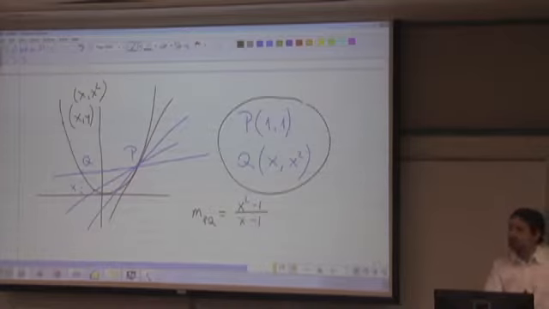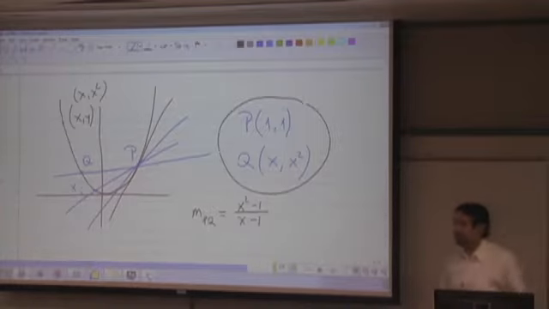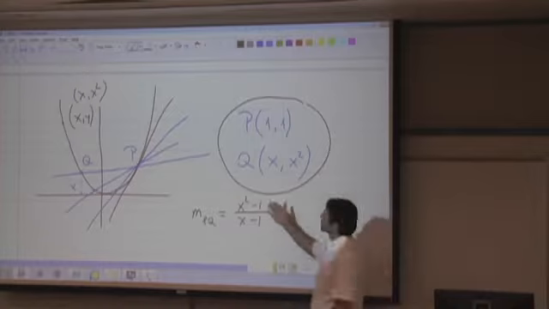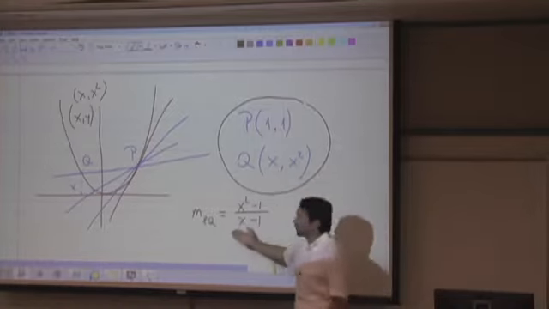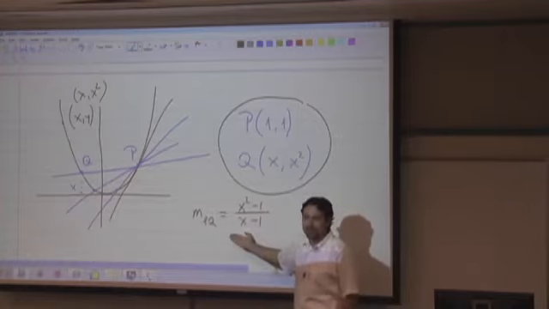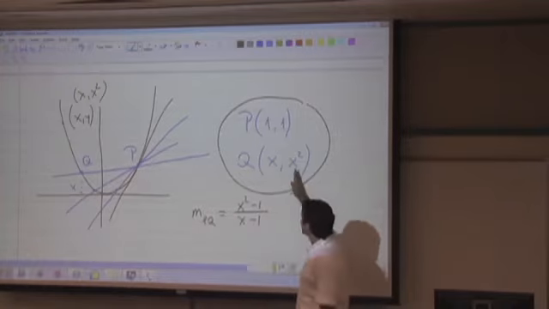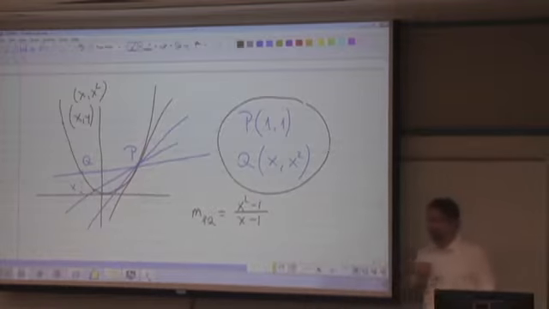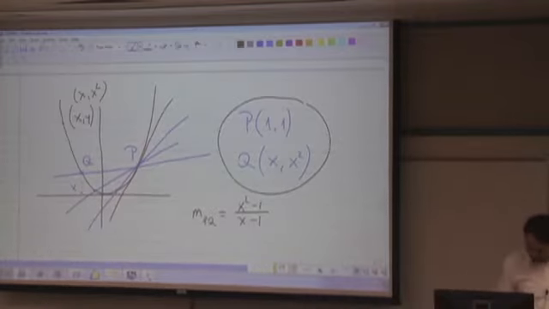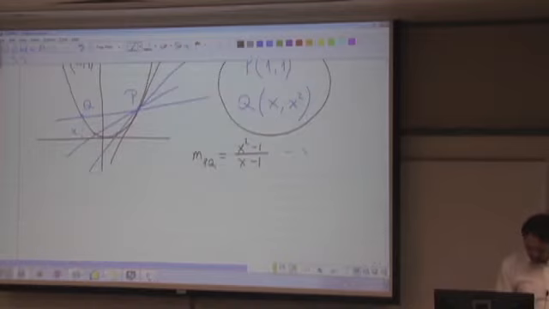Or 1 minus x squared divided by 1 minus x? Yes? This is coming back to, I guess, intermediate algebra or before that. You have 2 points. What's the slope? The difference in y's divided by the difference in x's, right? Okay. So this is the slope of the secant.